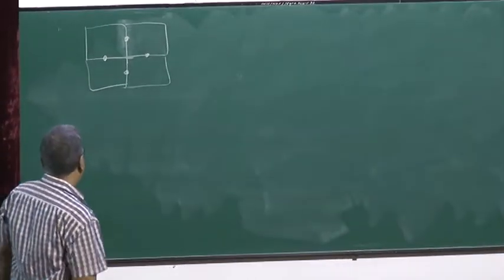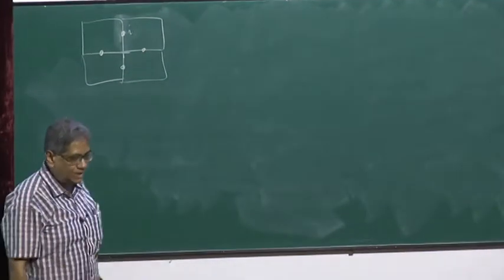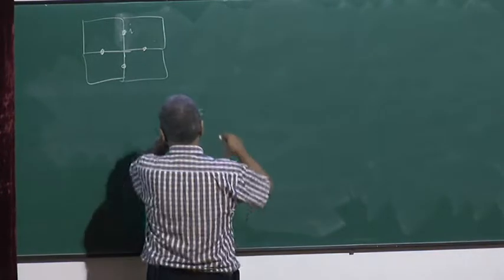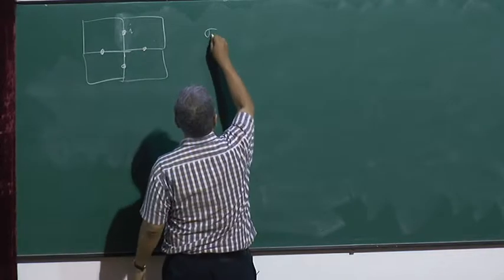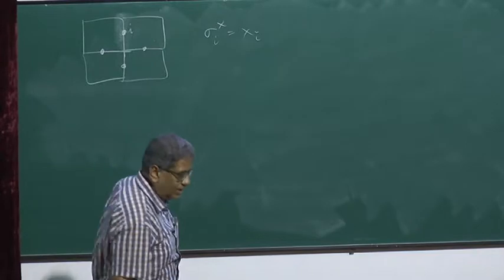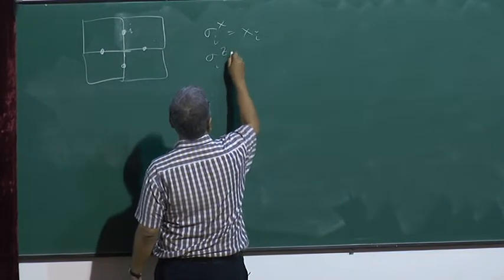So I can label a side by, let's say, i. One new notation which saves us a little bit of writing is instead of sigma i x, let me just call it X_i, and sigma i z, let me call it Z_i.